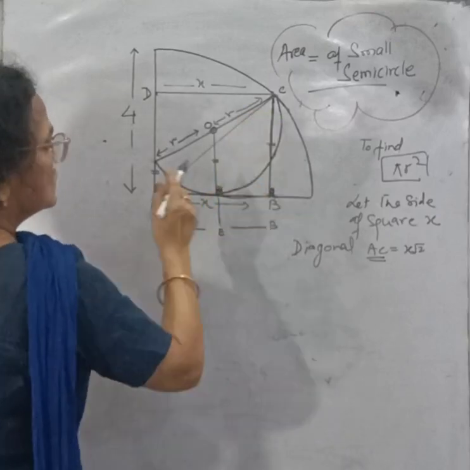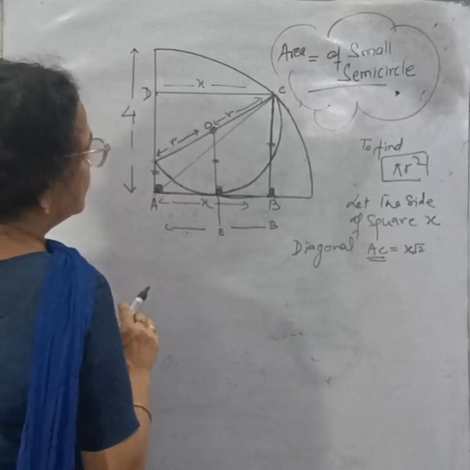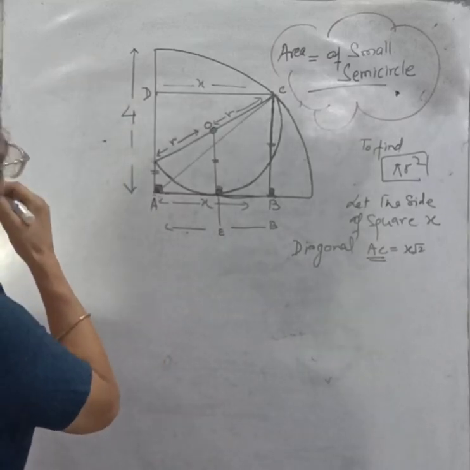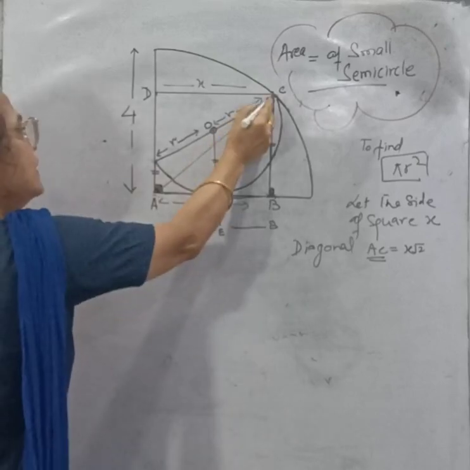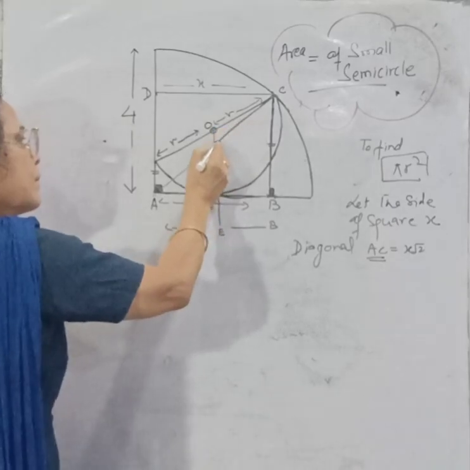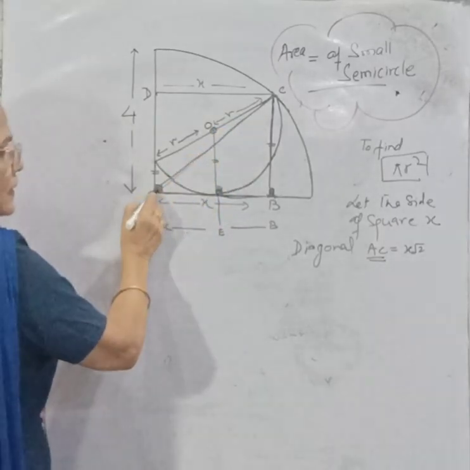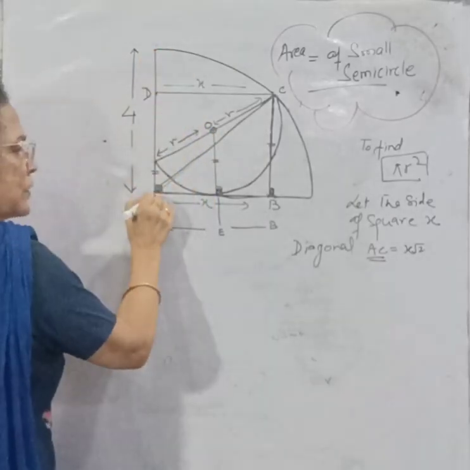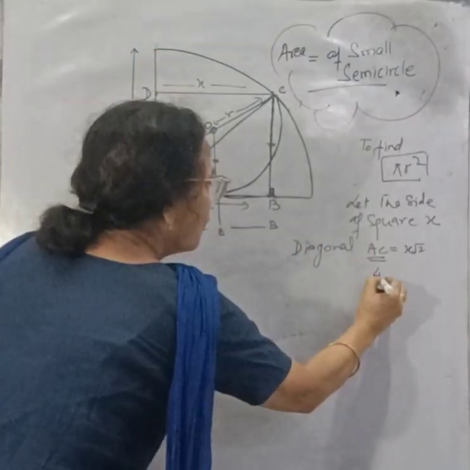This side we have assumed x. But we know this diagonal AC is also the radius of the quarter circle, which is equal to 4.